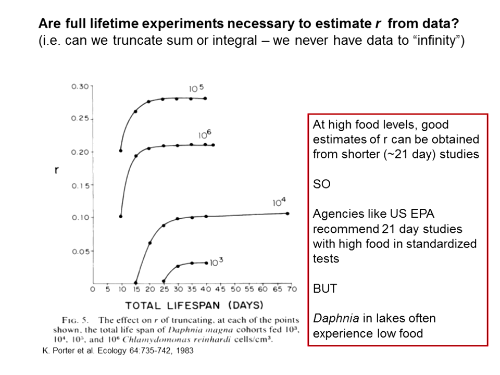If you study the growth of Daphnia at a high food level, and you plot out the estimate you would get for little r by terminating the integral at 21 days, for the highest food level, you would get pretty much the correct answer. At the lowest food level, reproduction wouldn't even have started.